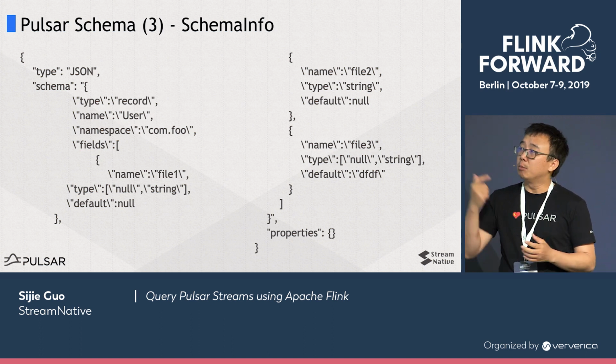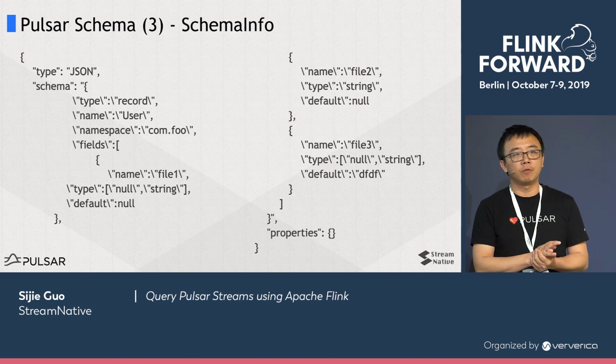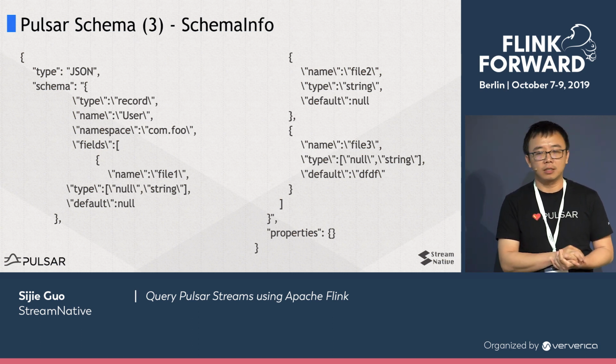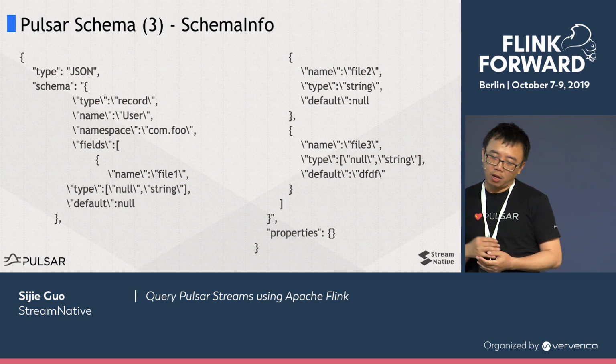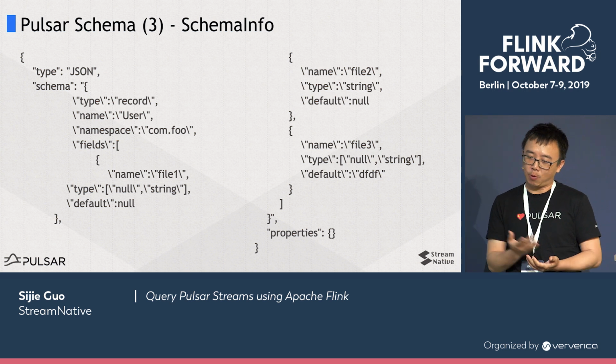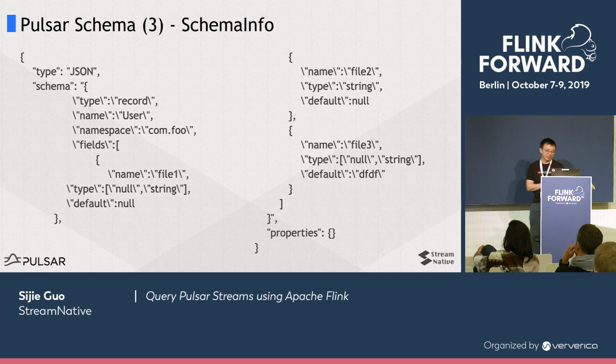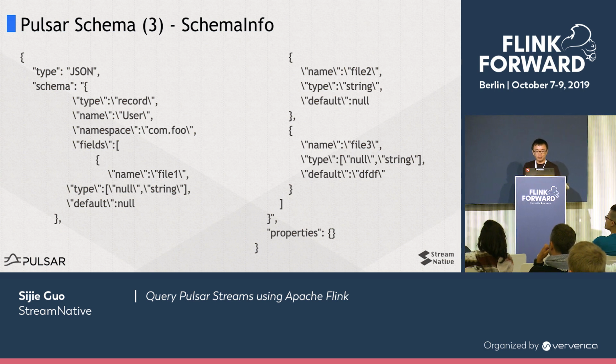The schema field is a JSON definition including all the fields in this struct. In this example, there are 3 fields: field 1, I think it's a typo, file 1, file 2, and file 3. This is the core of the schema information.